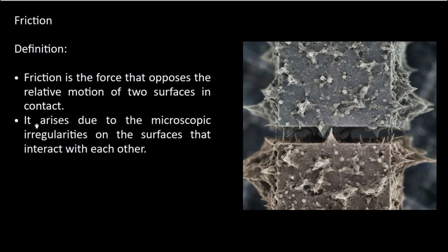A small statement. Friction arises because of the microscopic irregularities like here. So this is not an actual photo. This is just an imaginary picture, something random which we made. So you can see the irregularities. If you zoom into any given surface, there will be irregularities.